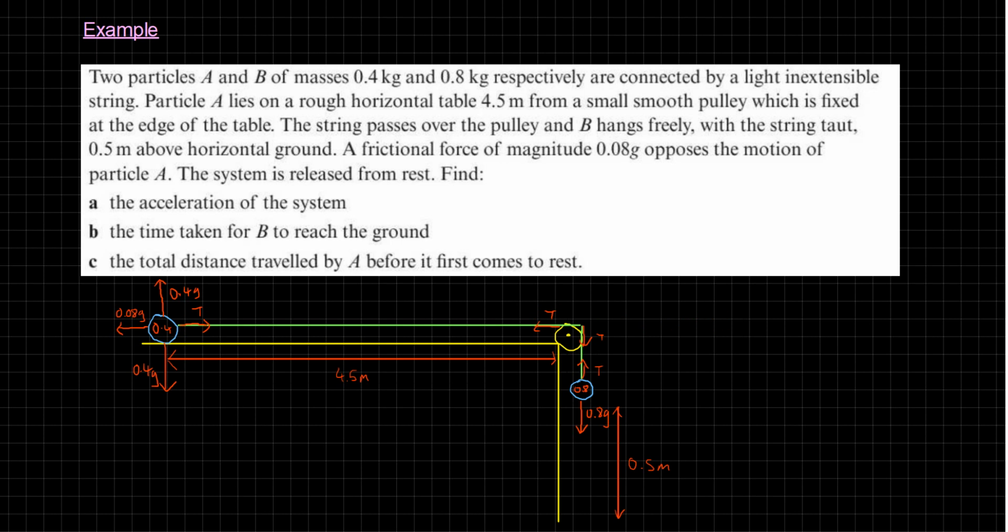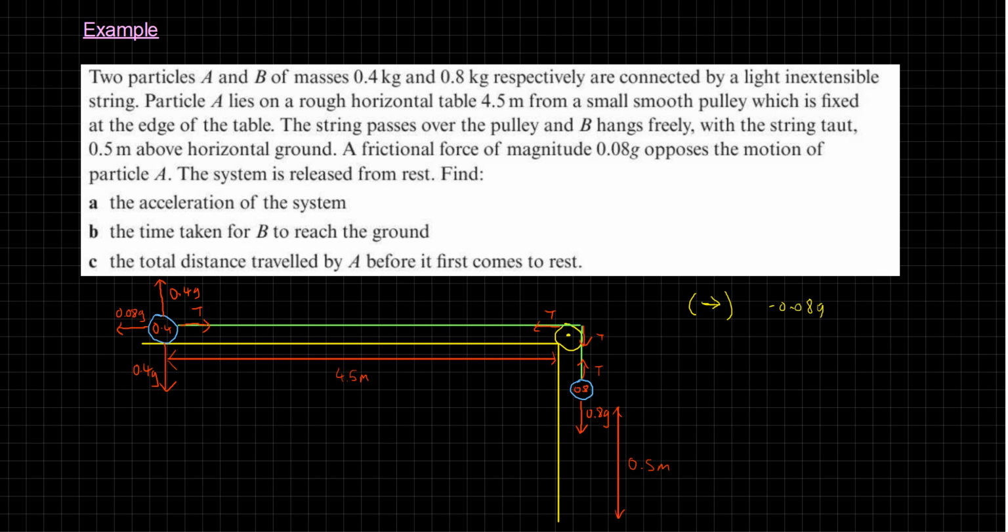So if I say I'm going to resolve forces going right on the string, or just generally all forces that are horizontal, then considering horizontal forces, what do we have? We've got 0.08 g, that's going left. So let's say minus 0.08 g.